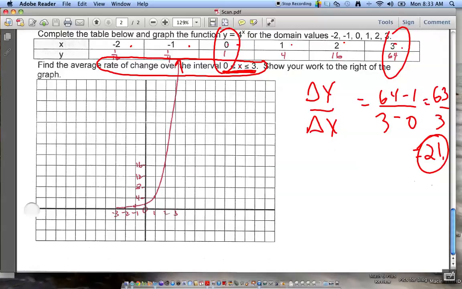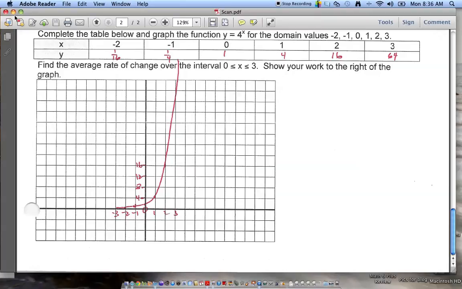Okay. Now, as far as the rest of the test goes, let's go to this here.